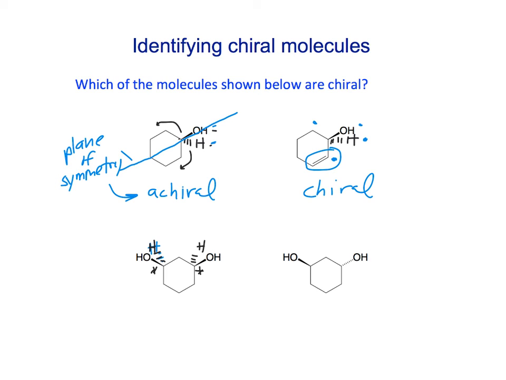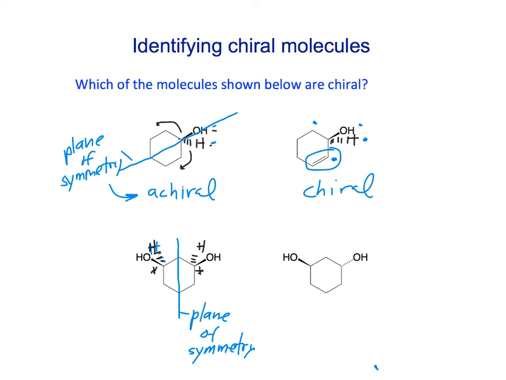The other thing we're going to look for is a plane of symmetry. Does this molecule have a plane of symmetry? Yes, it has a plane of symmetry that goes right down the middle of the molecule like this, because we see exactly the same thing on each side of this plane.